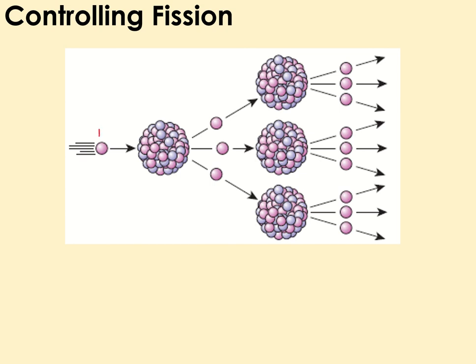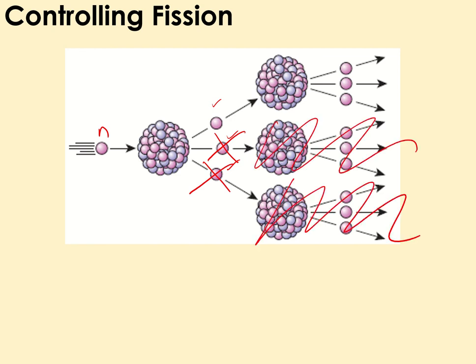So if we start off with 1 neutron in this system, we need to only keep 1 neutron in the system at each time. So when these 3 neutrons here are released, we want to keep one of them and get rid of the other two. So if we get rid of those two, none of this and none of this is going to happen. Okay? For the next fission, we've got to do the same thing. We're going to keep this one neutron, but we're going to get rid of those two.